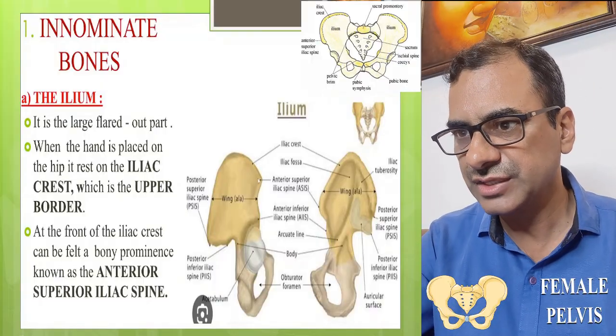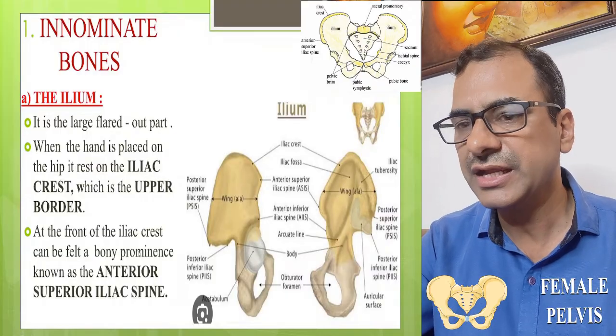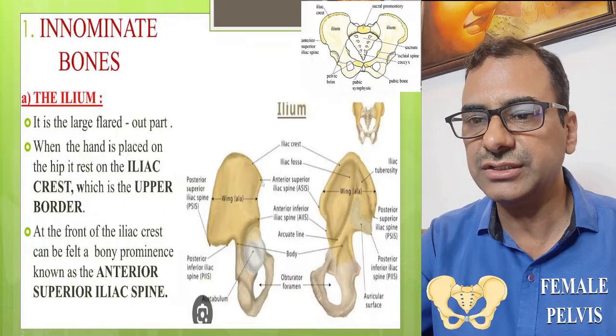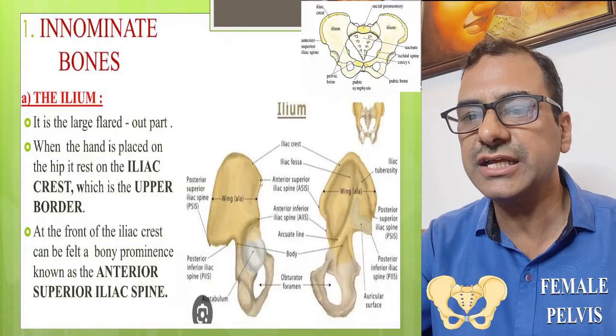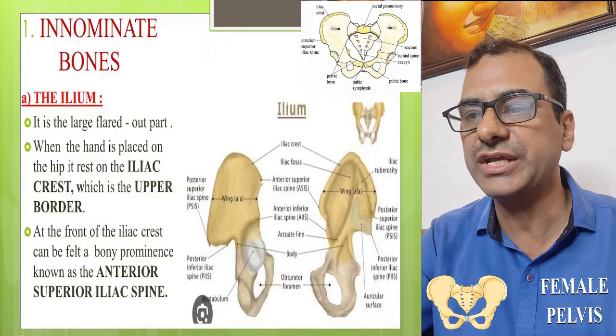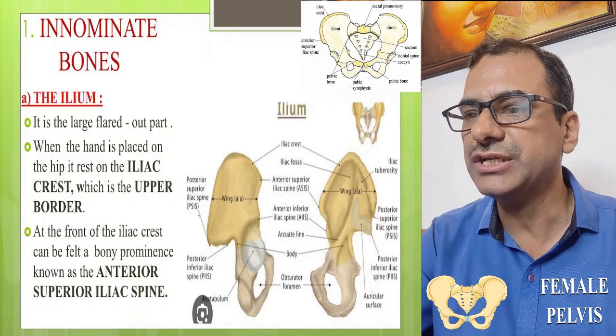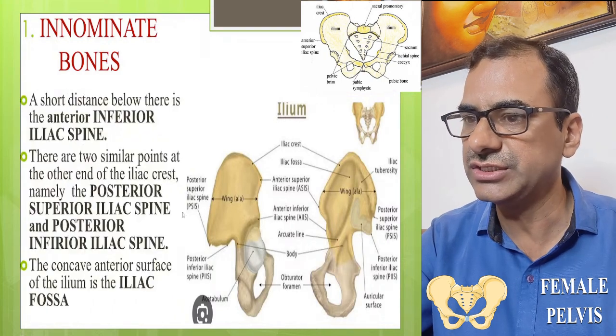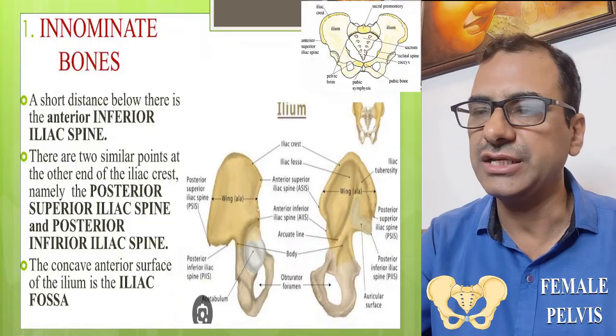So this is the iliac crest starting here to here. And anteriorly, at the front of the iliac crest, there is a bony prominence known as the anterior superior iliac spine. So this one is the anterior superior iliac spine.